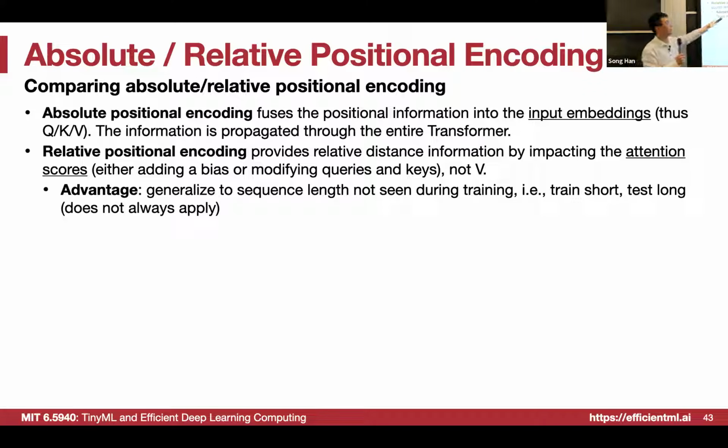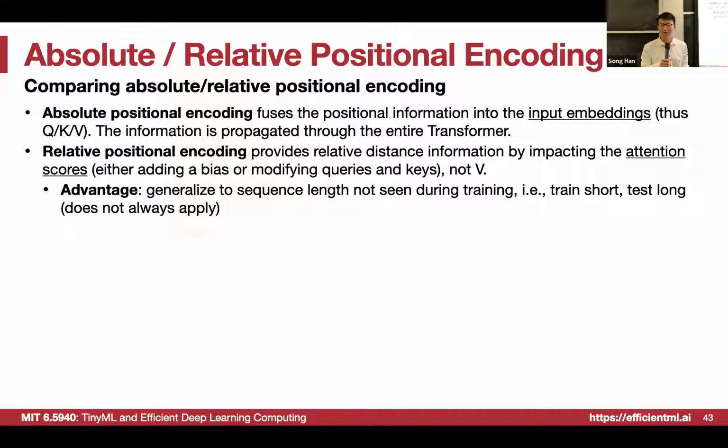The advantage is that it can generalize to sequence lengths that have not been seen during training. We train short and test long. Usually we have long sequence requirements, like summarizing a whole paper, which can have like 6K tokens. What if the model is trained on only 4K tokens? If the positional encoding is absolute, it's from 1 to 4K.